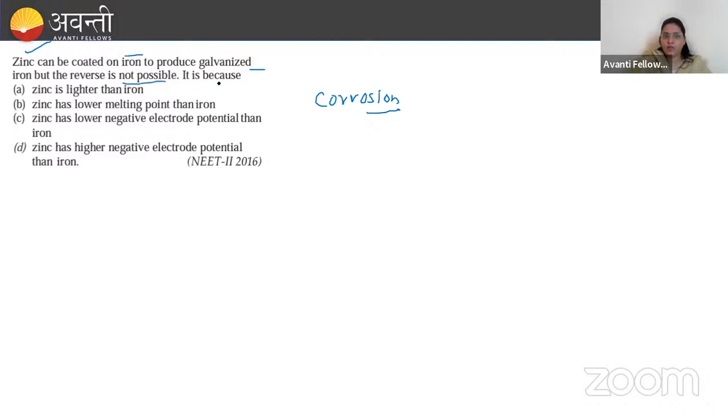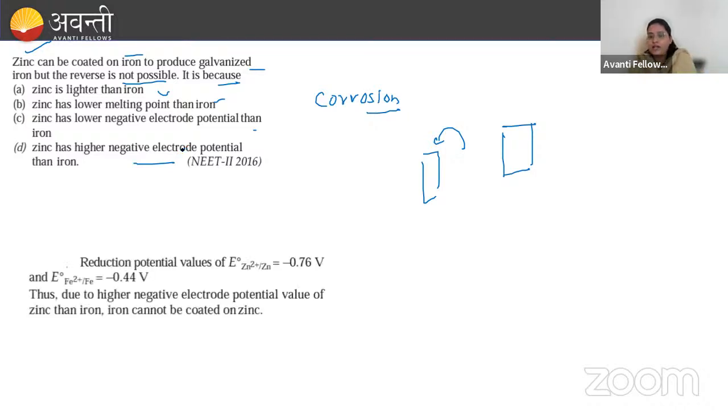But the reverse is not possible. Why? You can coat zinc on an iron bar, but you cannot coat iron on a zinc bar. Why is that? Because zinc is lighter than iron? Zinc has lower melting point than iron? Zinc has lower negative electrode potential than iron? Zinc has higher negative electrode potential than iron? In the electrochemical series, the elements are arranged in increasing order of their reduction potential. The potential for zinc is 0.76, but for iron it is 0.44.